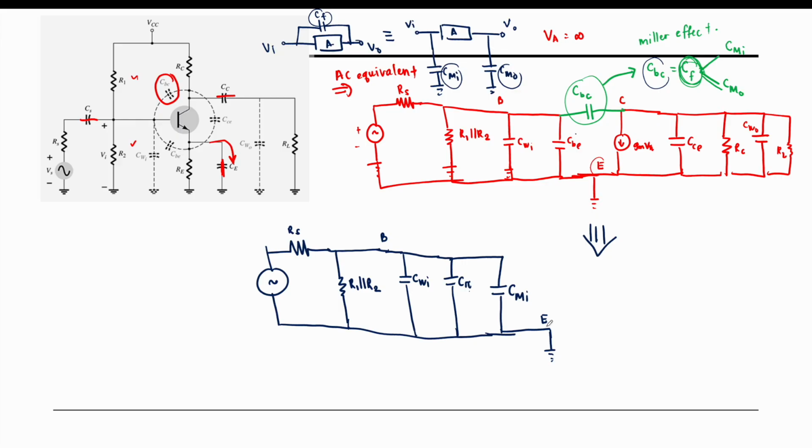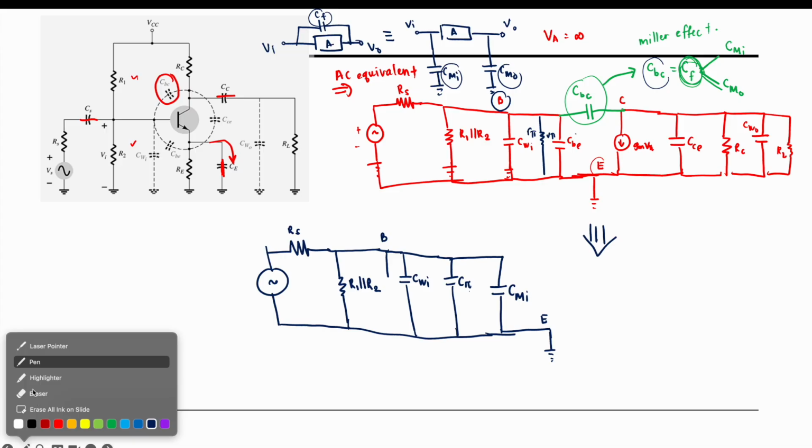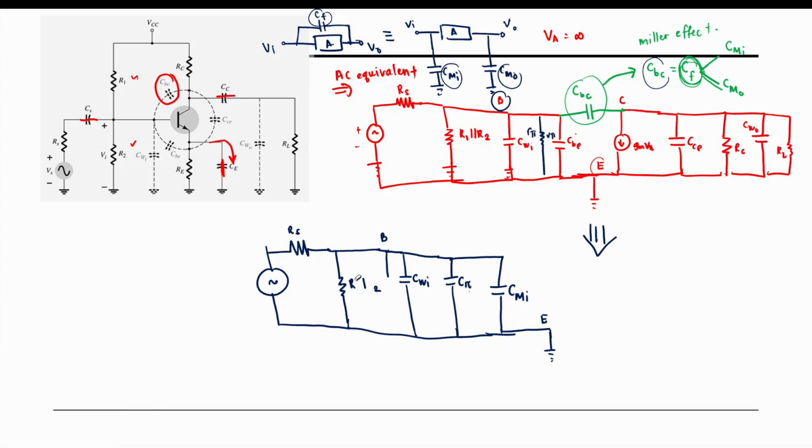I forgot about the R pi at the base, so sorry. Actually we have R pi here, and across that we have V pi. So let me add R pi here.